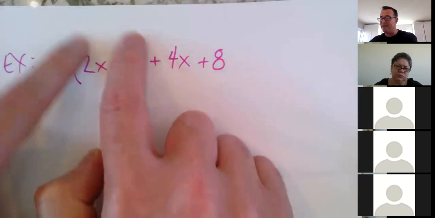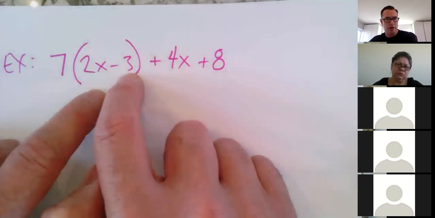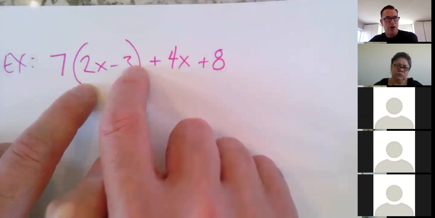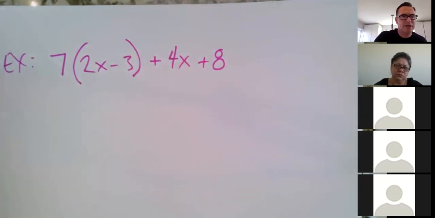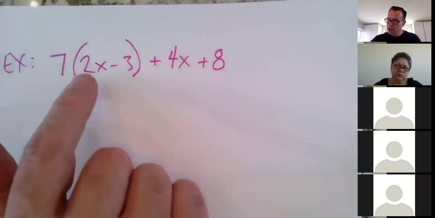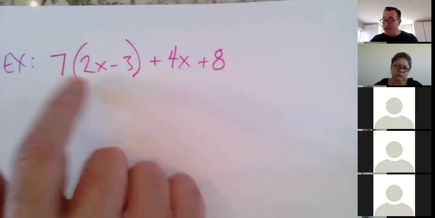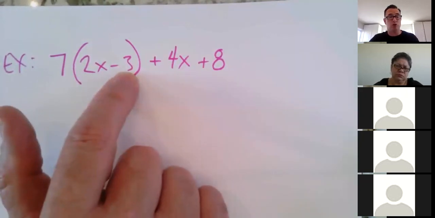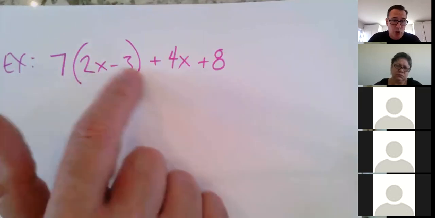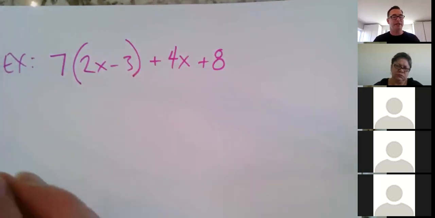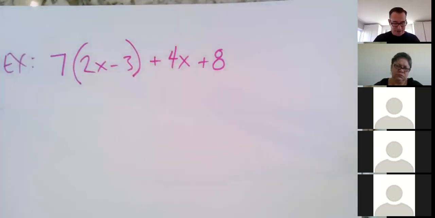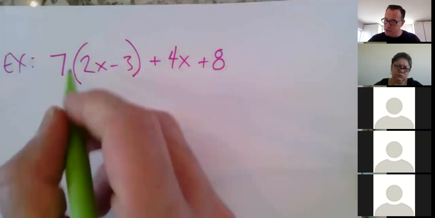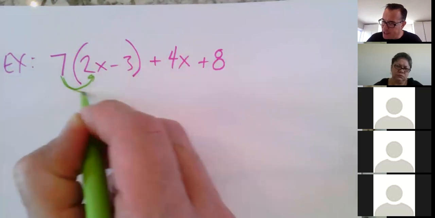This is almost like having a barrier or an obstacle that we have to get through before we can get to this. So what I have to do is exactly what Kwong said, which is I need to multiply or distribute so that I can get to these, and then we can combine like terms, okay? With that 7 on the outside there, Kwong, you said to multiply the 7 times the 2x and the 7 times the 3.